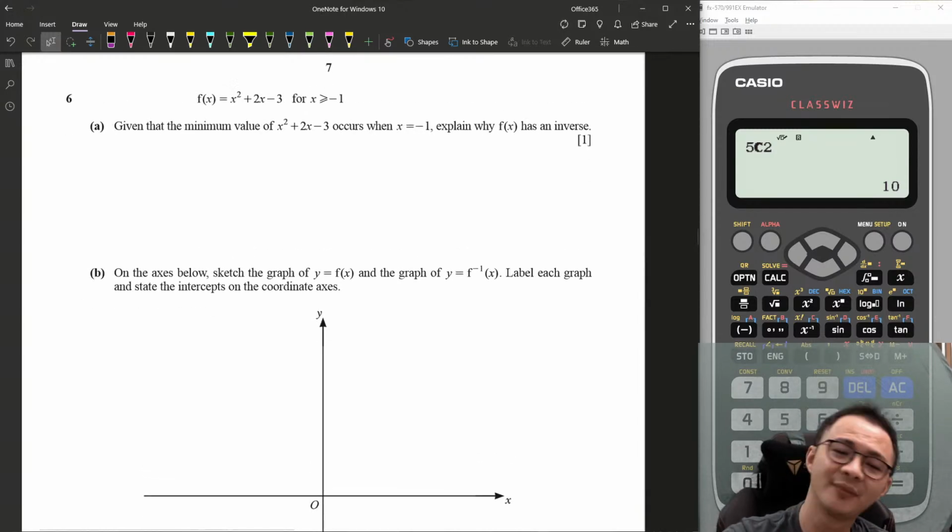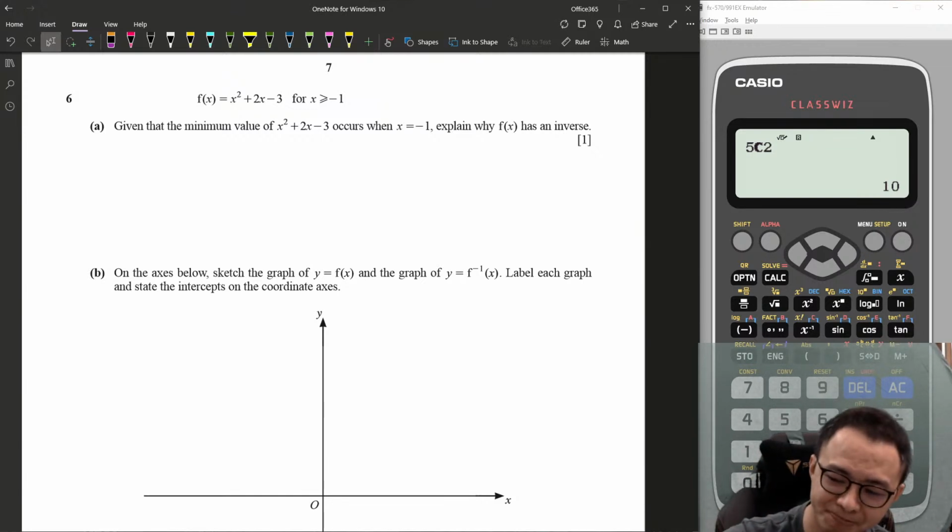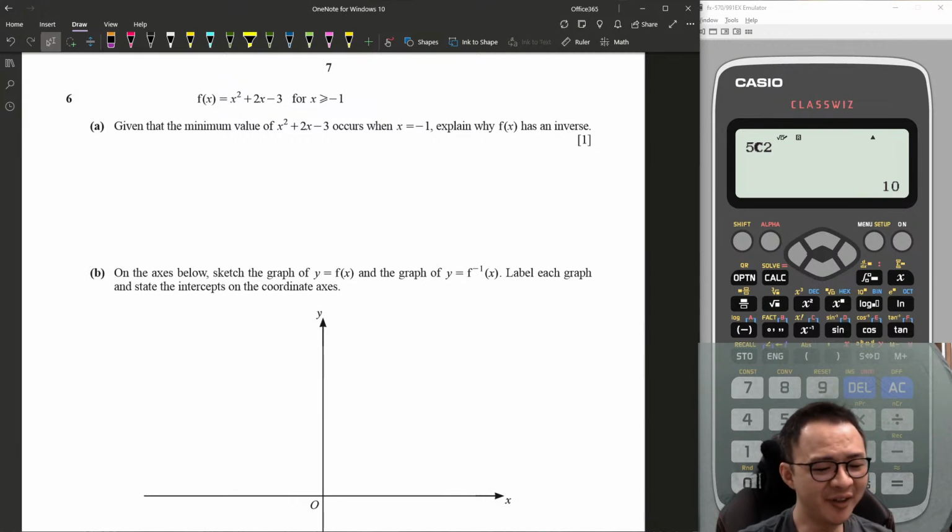Number 6. Given the minimum value for this x squared plus 2x minus 3, you should know this is a quadratic equation.